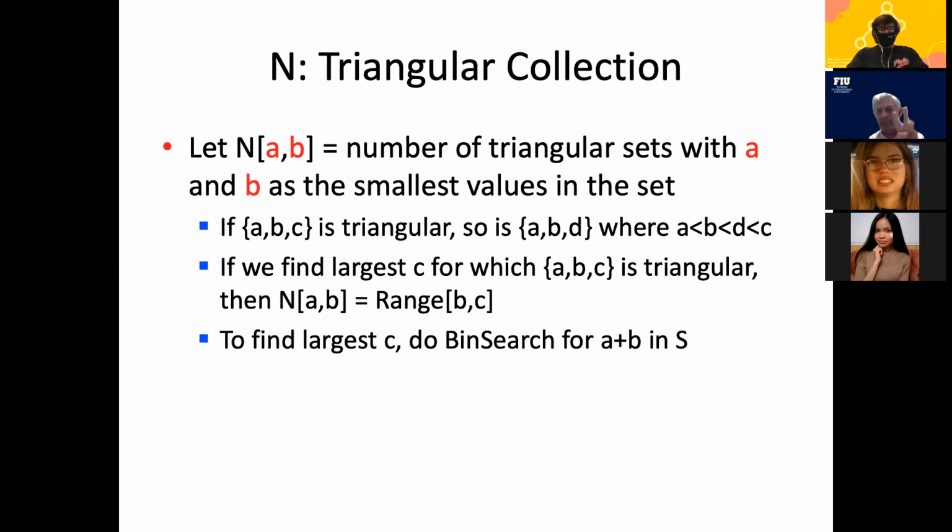So for every pair of values A and B, I find the third value C that can form the third side of the triangle, the largest possible value. And then everything in between B and C are values that'll work for me.